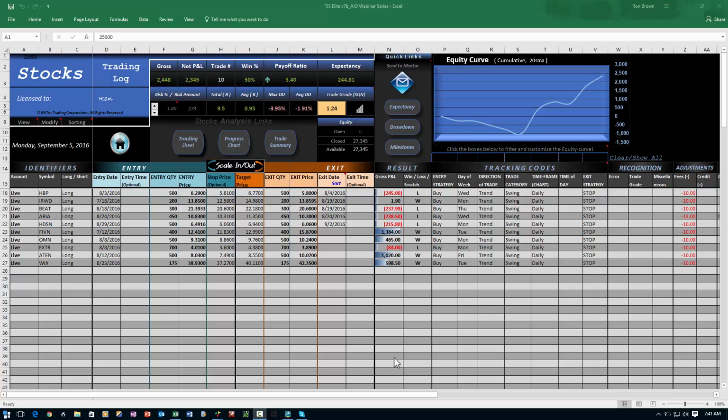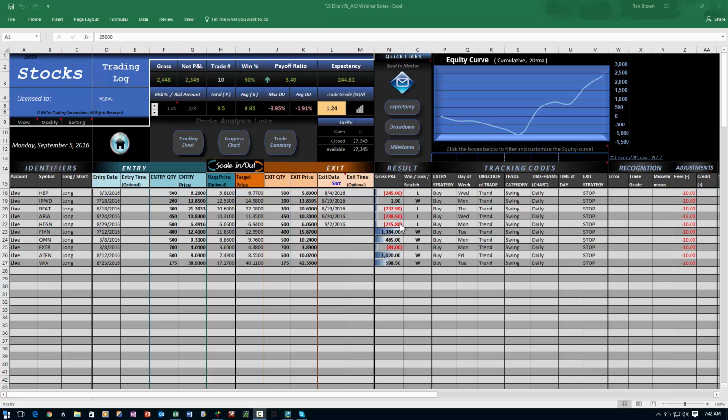Anyway, I don't want to spend much time on this, but these are the results from the beginning. You can see that I had several trades stopped out. These are all stopped out right here, and my risk on each trade was no more than $250.